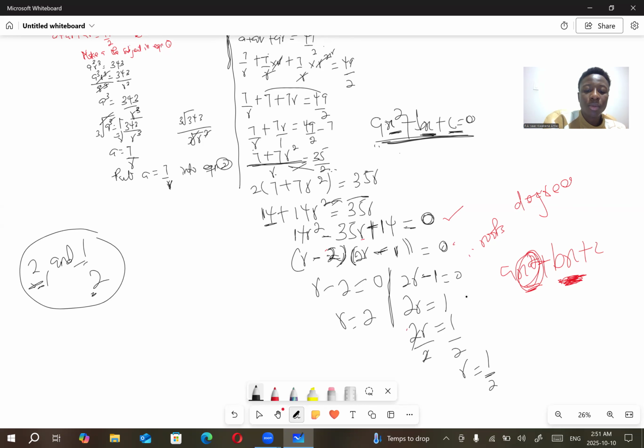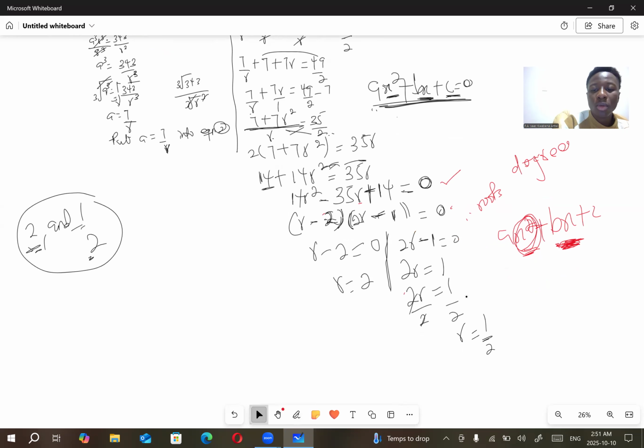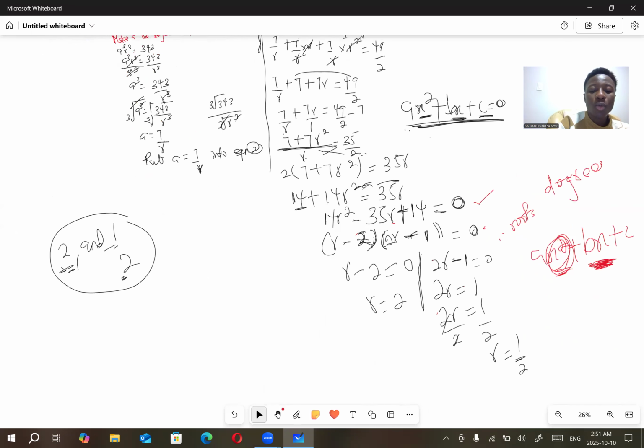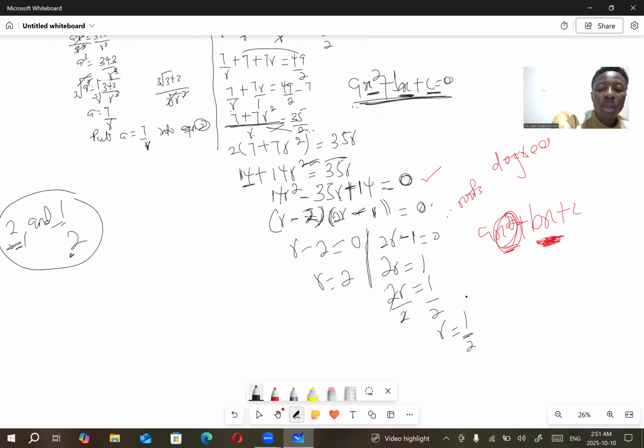So now that is it. Now we have R. So we can choose any of the R to get A. You can choose any of the R. Put the values of R into equation.